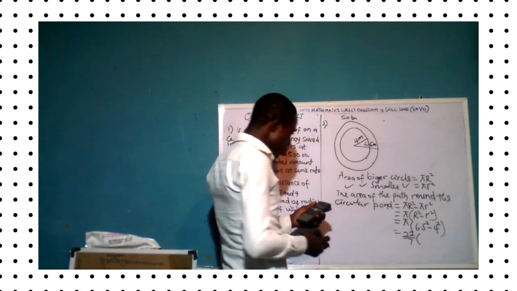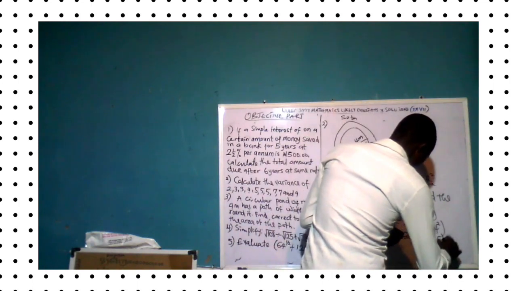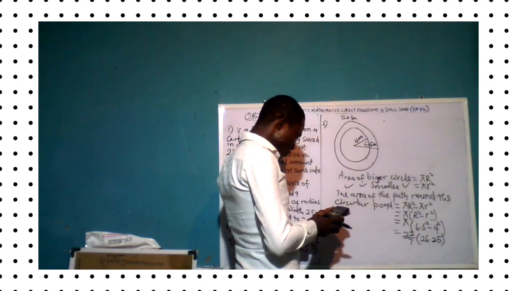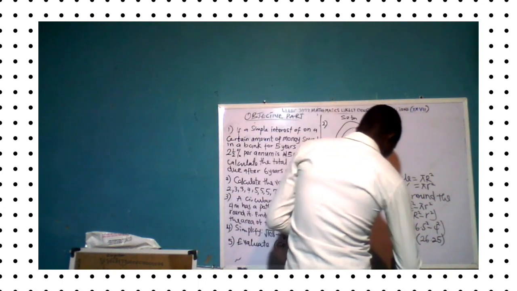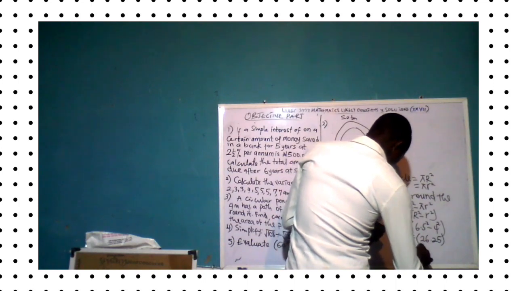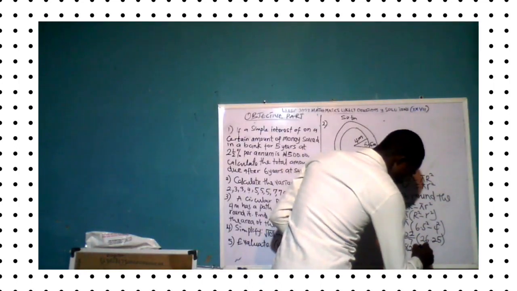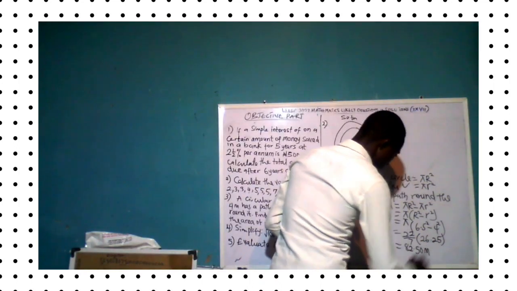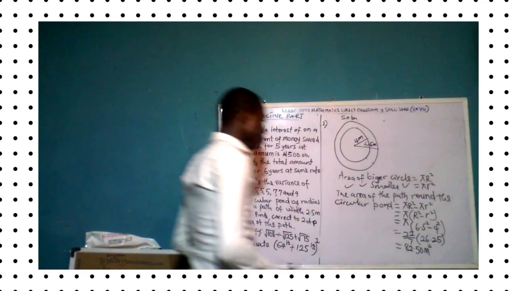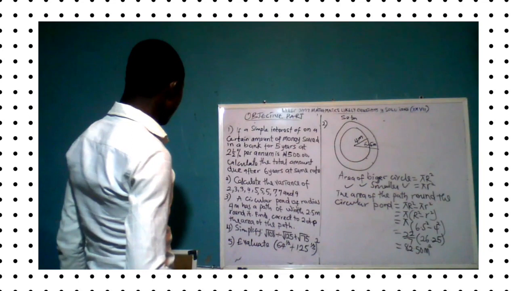So that's 26.25. Okay, multiply by 22 divided by 7. Straight away you have 82.5, and we are told to leave our answer in 2 decimal places, so that will be 82.50 meters squared. Okay, 82.50 meters squared. So that is that about question number 3.